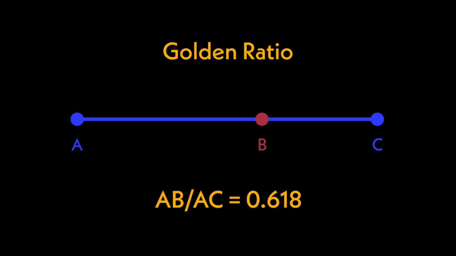Alternately, we can express the ratio of AB to AC as 0.618. Or more practically speaking, we can say that according to the golden ratio, point B is about 62% across line AC. And this is the number we're going to be using as we compose our painting.